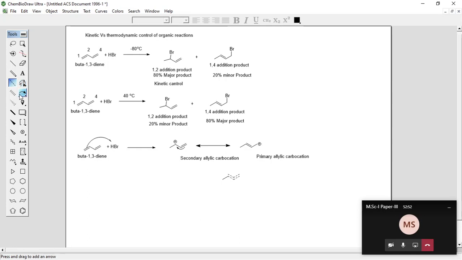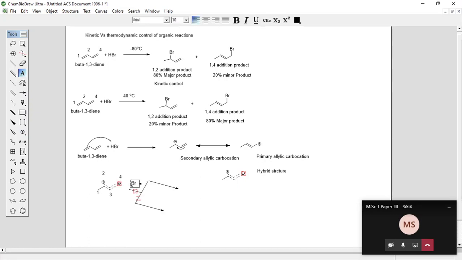There is a slightly delta positive charge on this middle carbon and terminal carbon. So this is the hybrid structure.